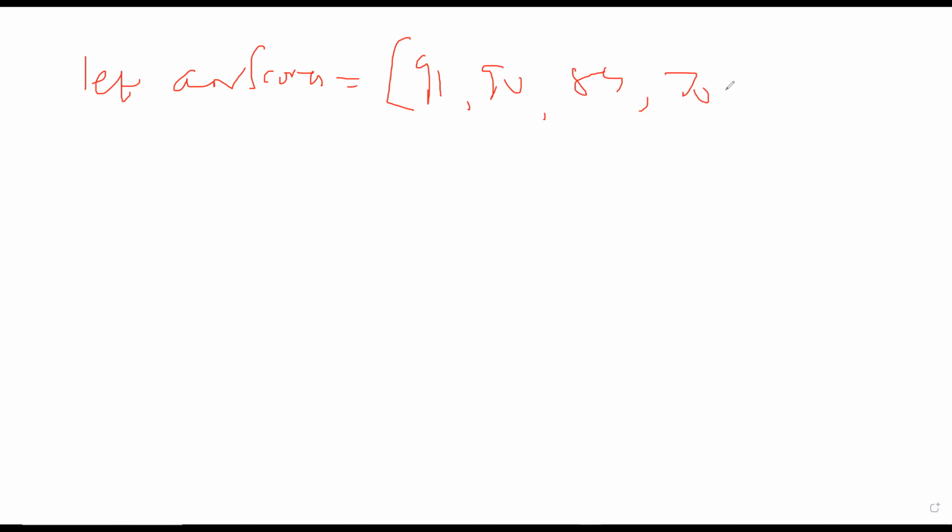Let's say for example, I have an array of scores, and I have maybe 91, 90, 89, 70, and 60.